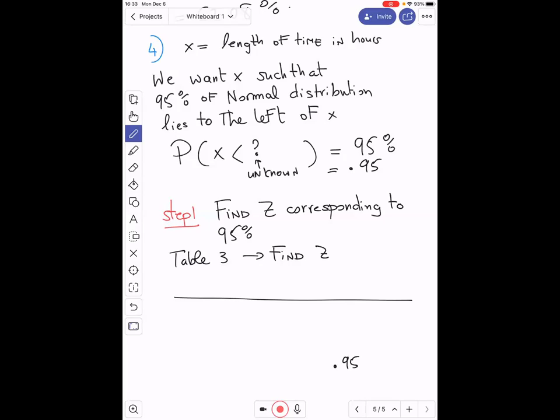On the first page the probabilities go from 0.0003 up to the largest value, 0.4641. But we need 0.95, which is larger than 0.46. So for the positive values of Z, you can try to find 0.95, and as I said, the numbers are increasing.